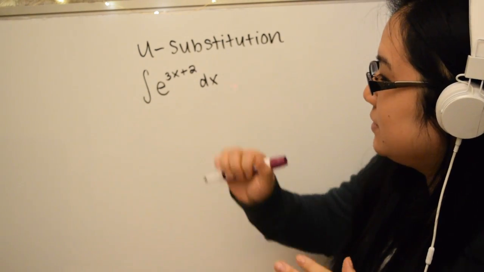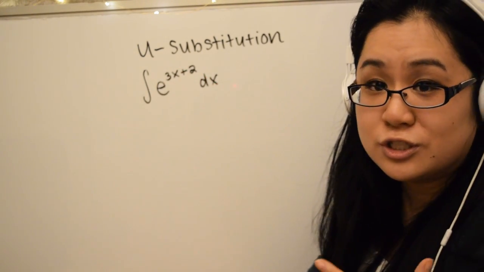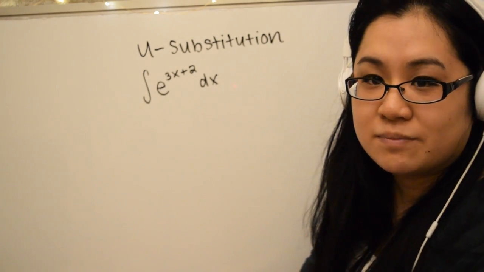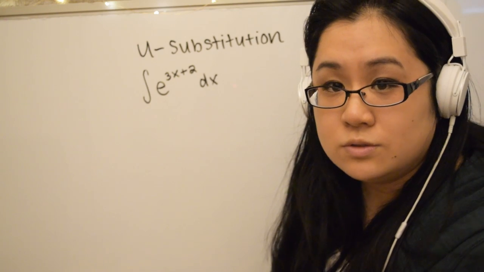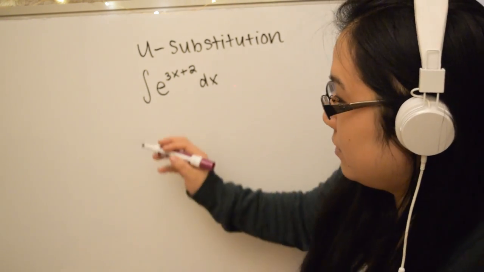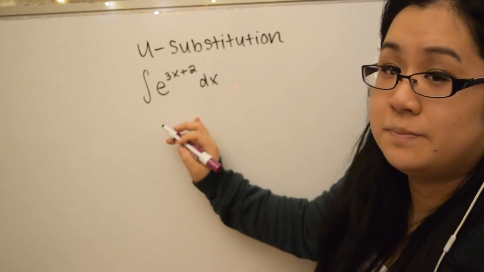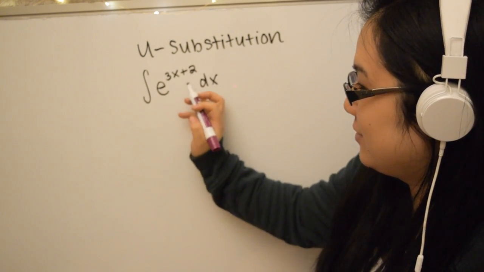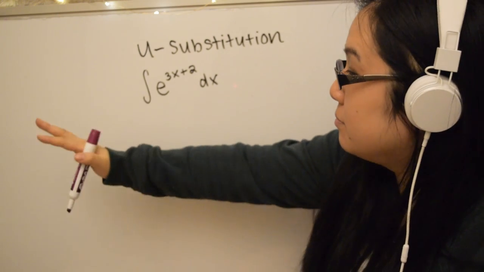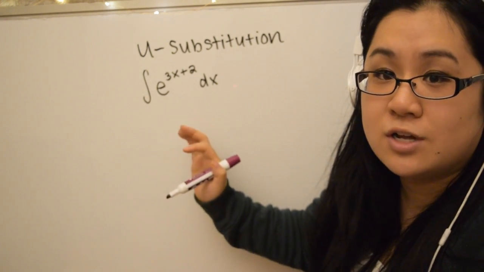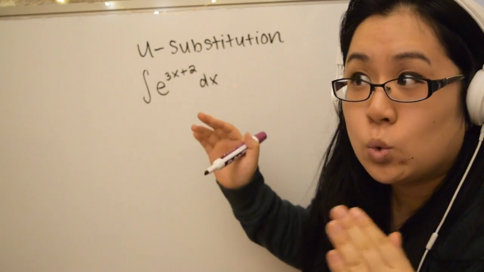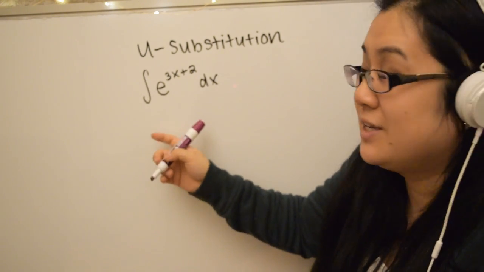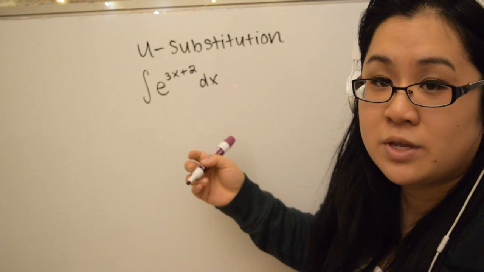But specifically, because we're doing U-substitution, we are going to let u be something in terms of x. Our goal is to convert our original integral problem that's in terms of x, some function of x dx, completely into an equivalent integral that's all in terms of u, hence U-substitution.